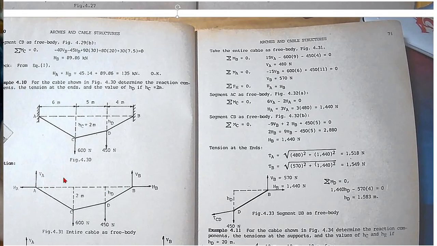So ito muna ang ating titingnan, taking the entire cable as a free body diagram. So summation moment at B is equal to 0. We have here 15 times VA. Take note na we have here vertical at A and then horizontal at A, vertical at B, horizontal at B. So, this time, yung mga reactions, bumaliktad siya.